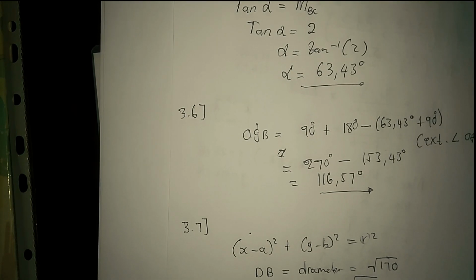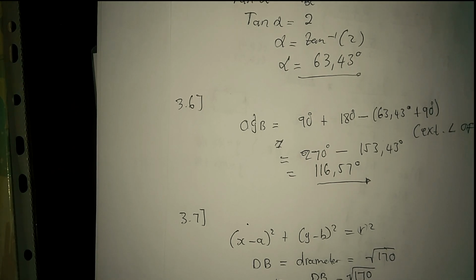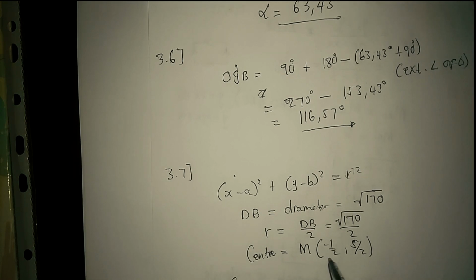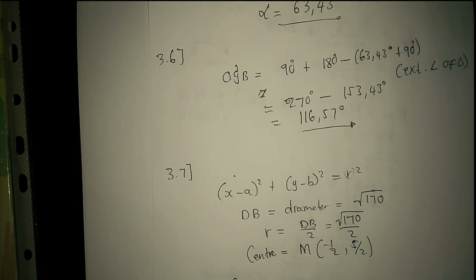So the center is equal to M, minus half over 5/2. So therefore x minus a uses the x coordinate of the midpoint. So a negative times a negative is just a positive.